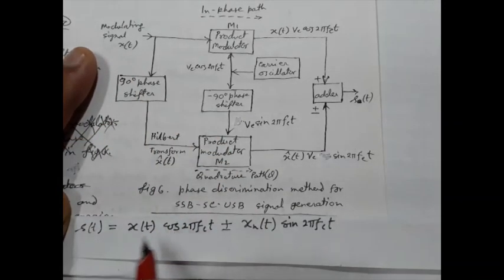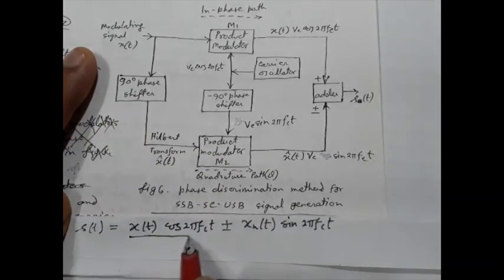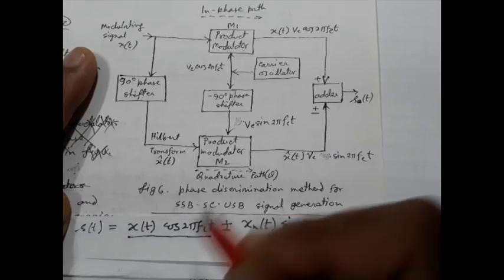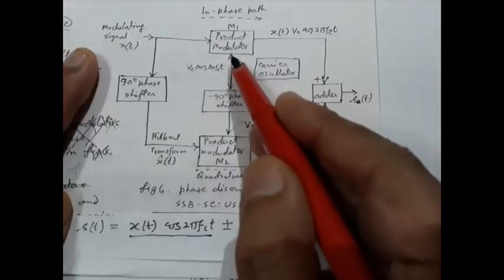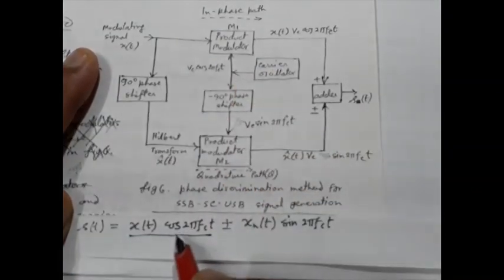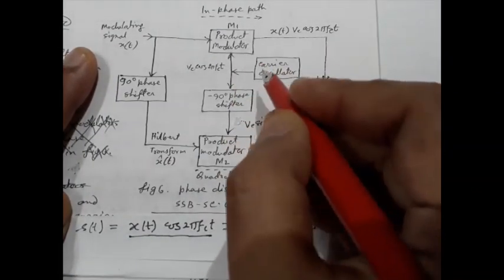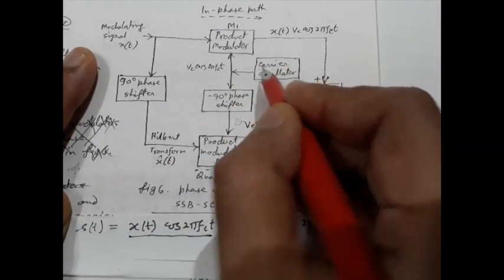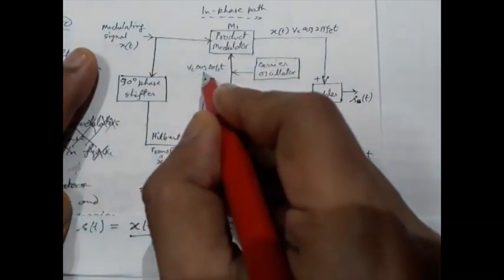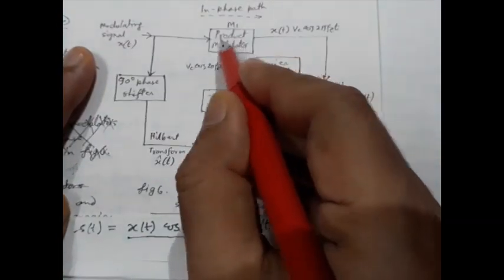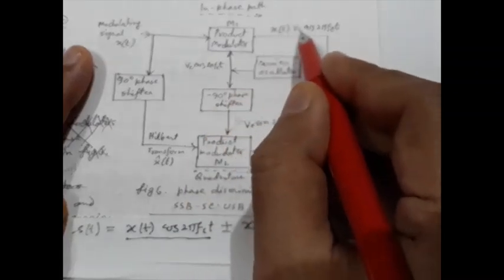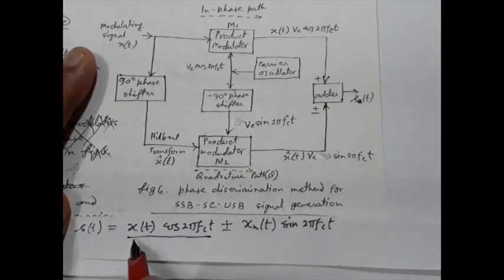So first we will consider this one. For that, x(t) must be multiplied with cos 2πf_c t. So we have a carrier oscillator that is generating cos 2πf_c t. So this product modulator will produce x(t) cos 2πf_c t, the first term.